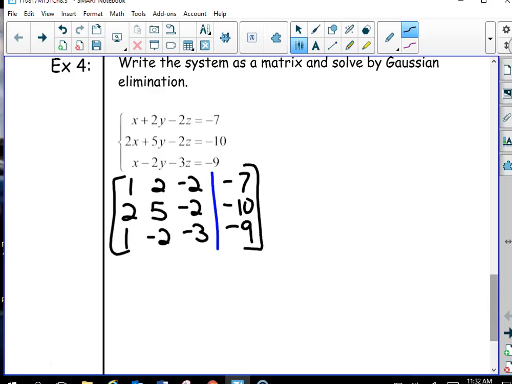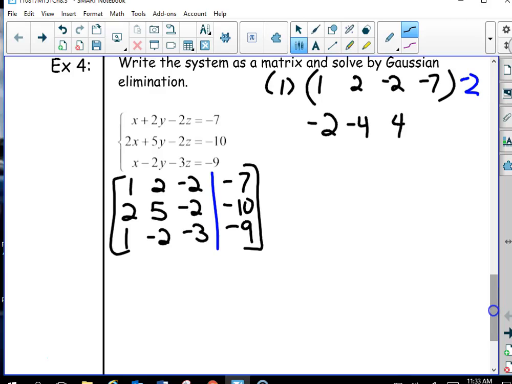It's got a 1 in the first column. So I'm going to use that row to eliminate on the second. So row 1, I'm going to multiply that by a -2. And I'll get -2, -4, +4, and 14.